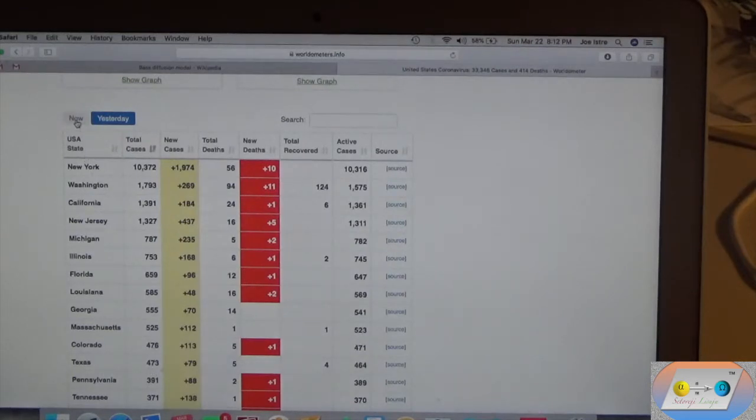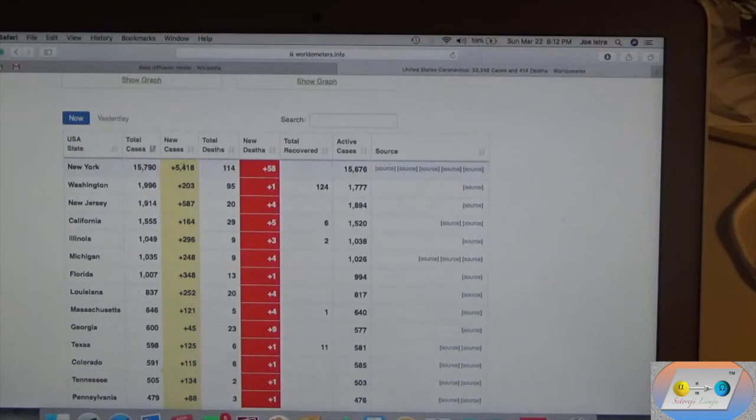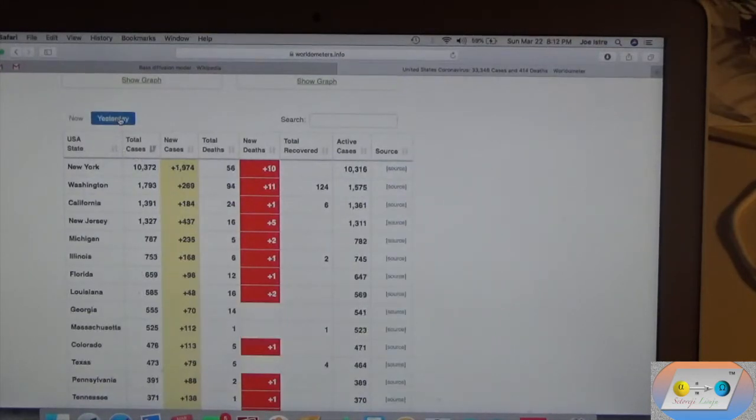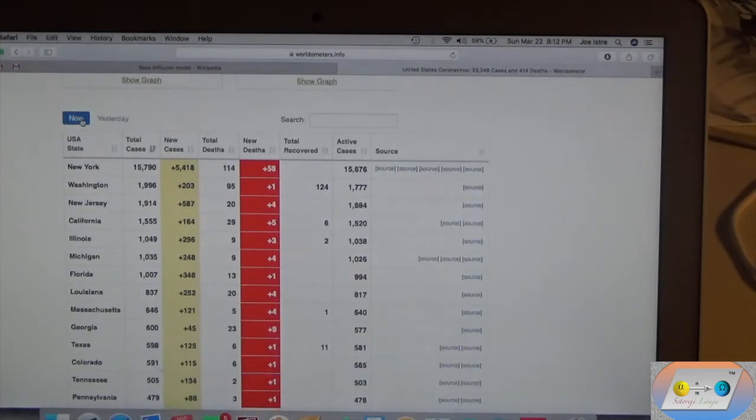So the stats are not overblown there, but this big change in New York looks a bit weird to my eyeballs. So it's roughly 2,000 all the way up to 5,400. That's a big jump. There's something going on in New York. I guess that remains to be seen. Every other state looks about right.